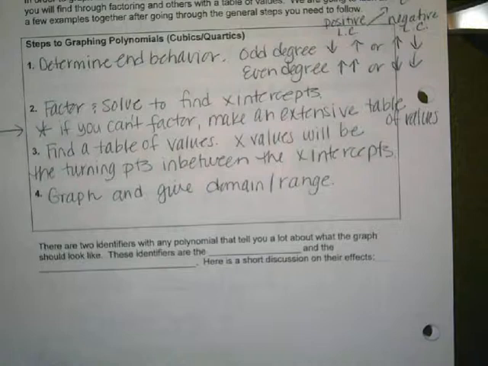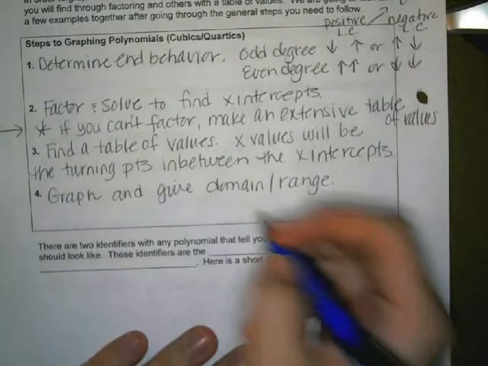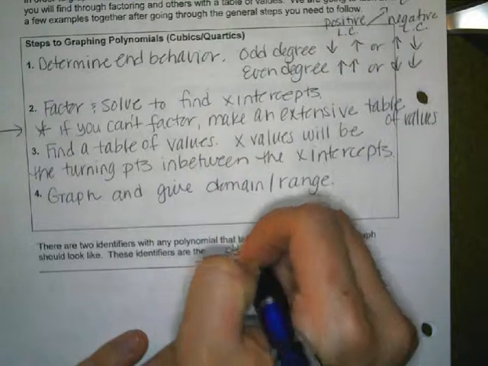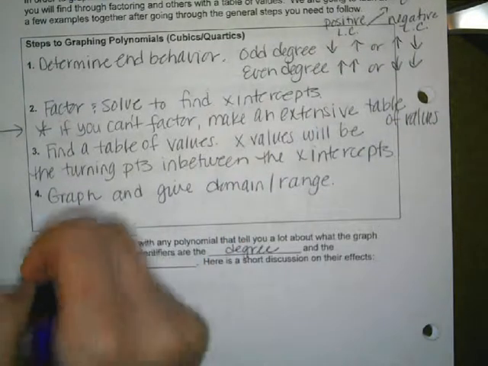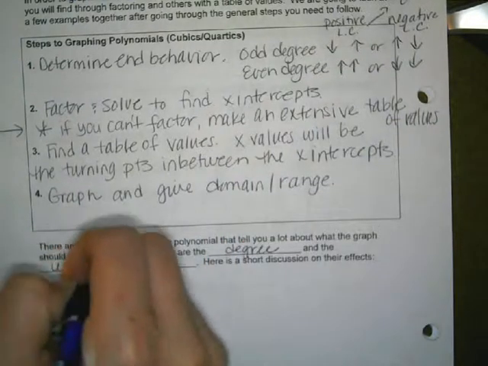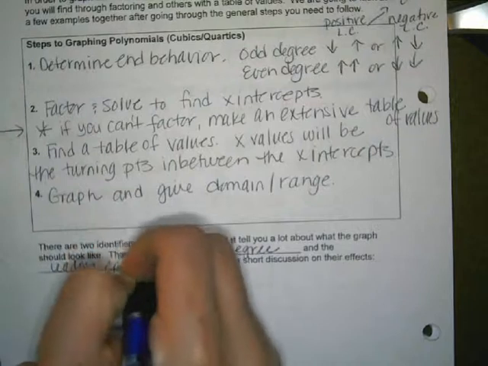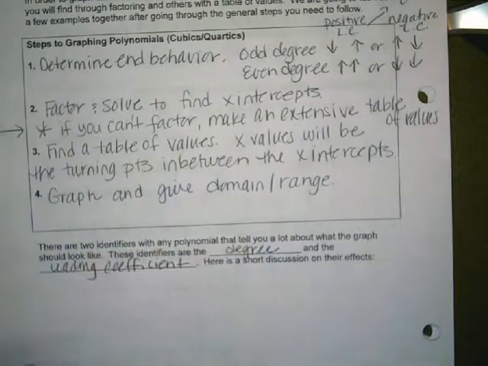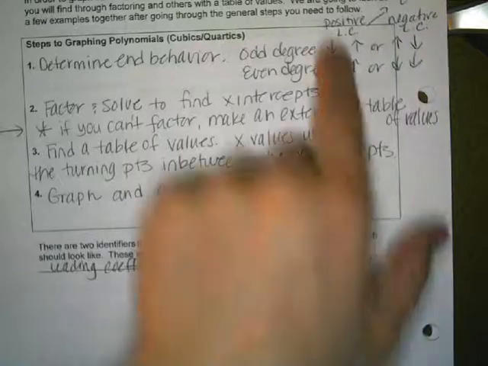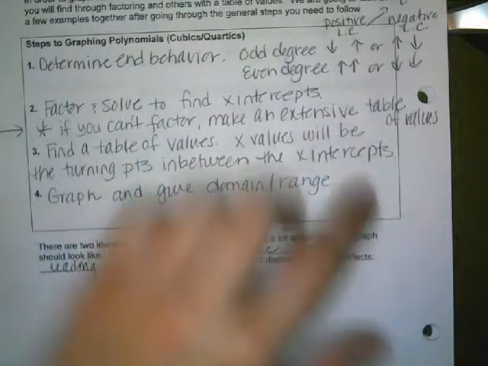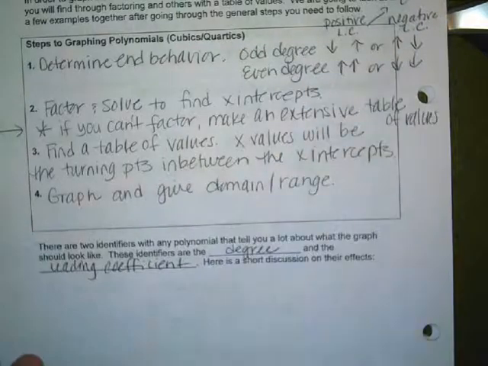There are two identifiers to any polynomial that will tell you a lot about what the graph should look like. These identifiers are the degree and the leading coefficient. Now, I already kind of talked about it up here, but that's pretty much the discussion on the effects.